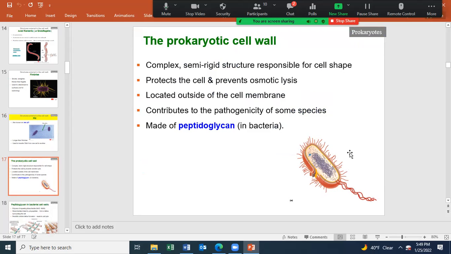All right, the prokaryote cell wall is complex. It's a semi-rigid structure responsible for giving the cell its cell shape.